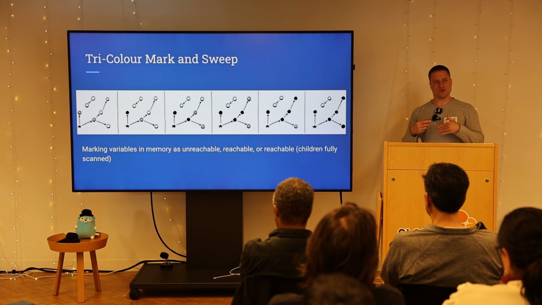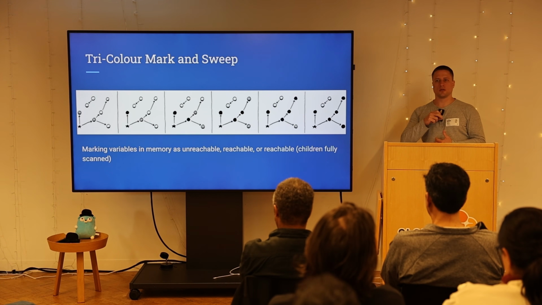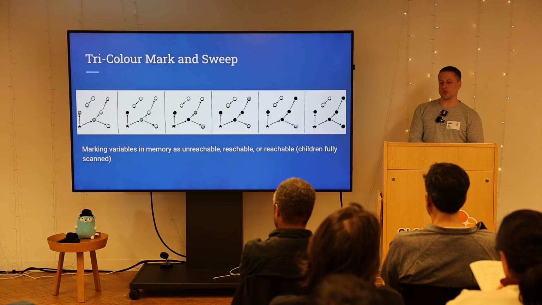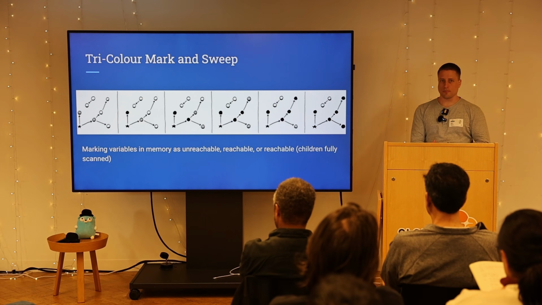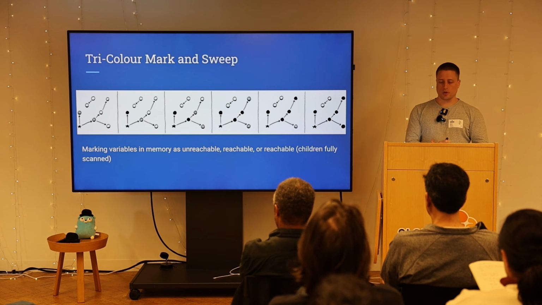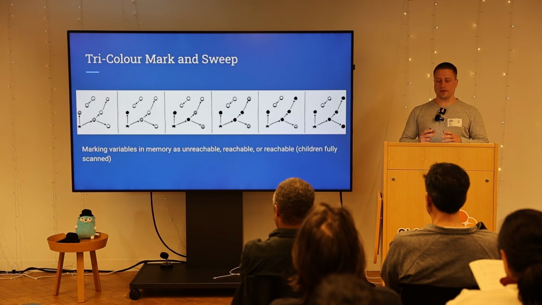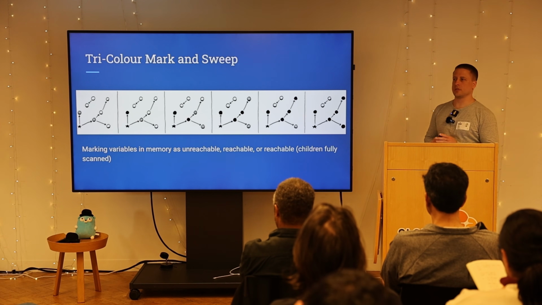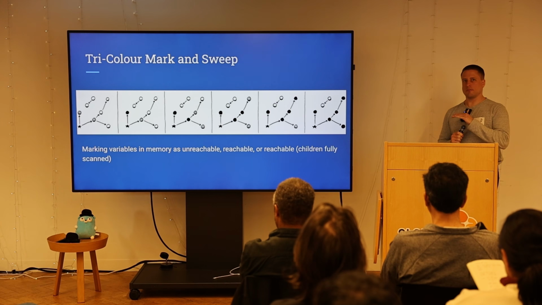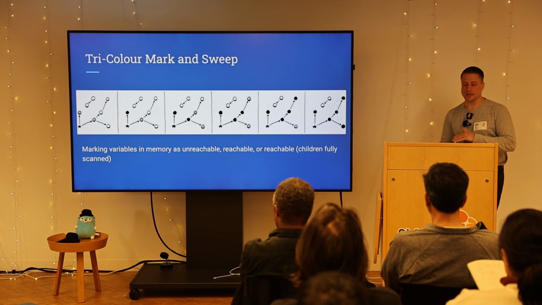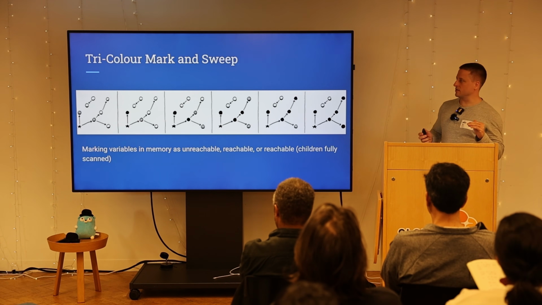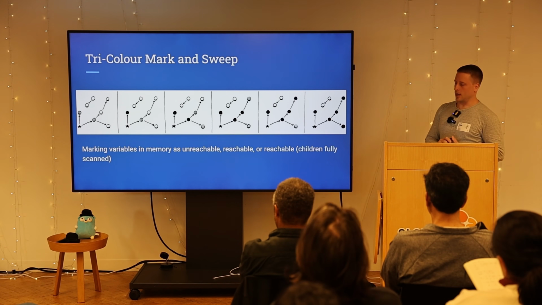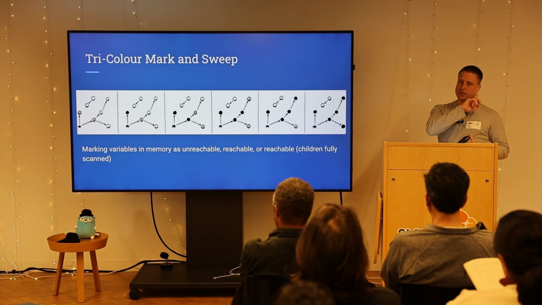So the way the tricolour mark and sweep works is the child of any element which is still being used or can't safely be collected gets marked in grey initially. Grey means it's still reachable by userland code, but that it may have children which haven't been scanned yet. Black means definitely still needed and doesn't have any children that haven't been scanned yet. And white means we haven't found a way of reaching it from userland code.